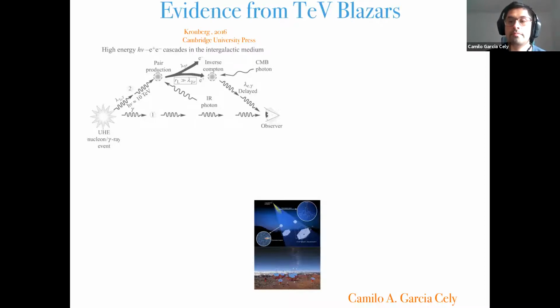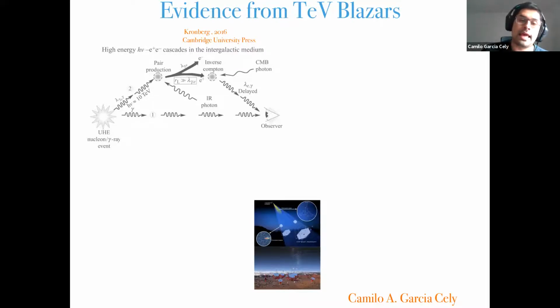will undergo further decays, so cascade decays. So it would produce more radiation, for instance via inverse Compton, as is indicated here in this cartoon. So together with the gamma ray, we should be able to observe a low energy part.